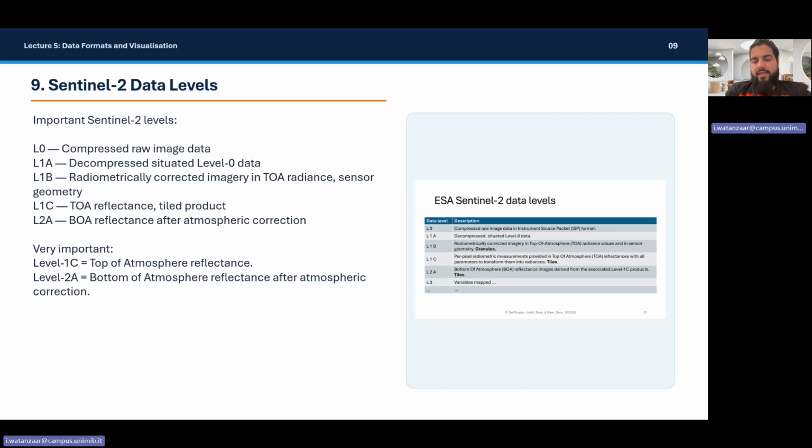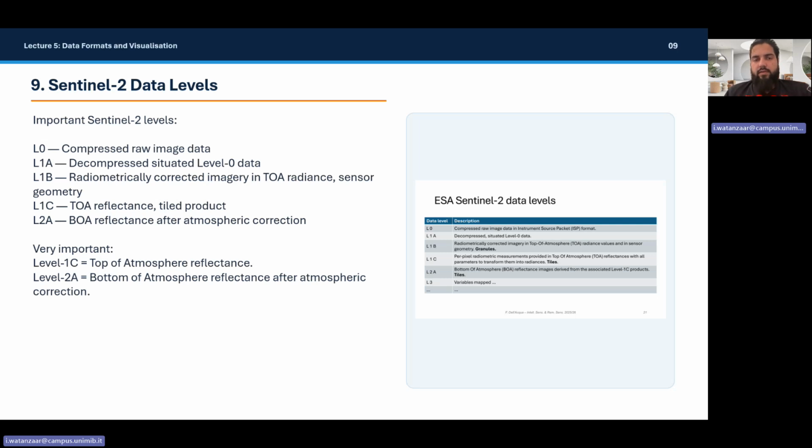After identifying the top of atmosphere in the level 1C, we are looking for the bottom of atmosphere reflectance after atmospheric correction. The very important idea: level 1C is top of atmosphere reflectance, and level 2 is the bottom of atmosphere reflectance after atmospheric correction. Level 2A is exactly what happens when we are performing the atmospheric correction, so then we have the bottom of atmosphere reflectance.